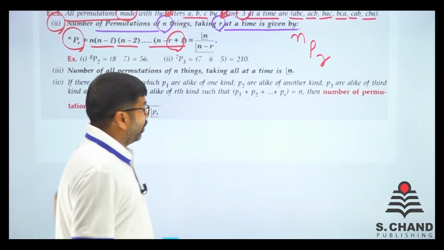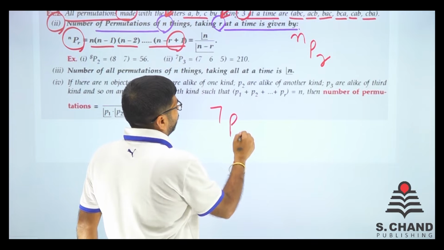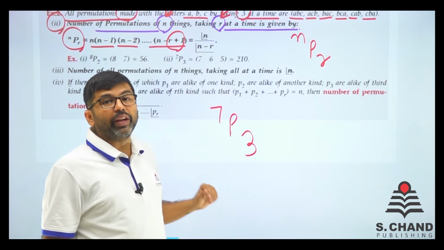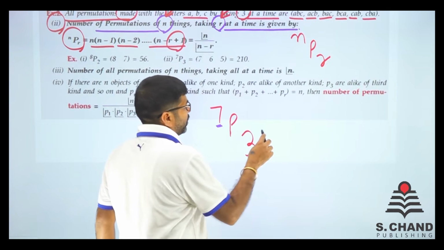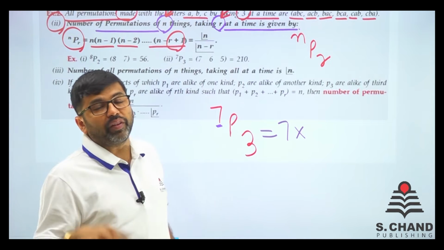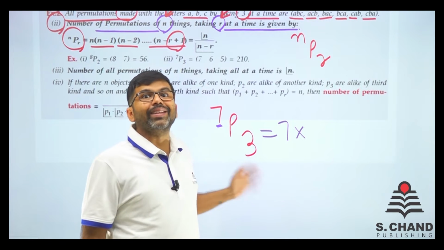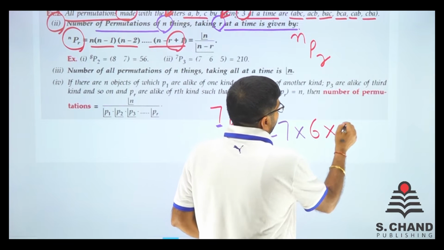Okay, say for example, I need to find out 7P3. So a very simple way to remember what to do: you have to go for 7 and the multiples of 7 till 7 into 6 into 5 into 4 into 3 into 1, but only 3 digits. So only 3 digits means 7 into 6 into 5.